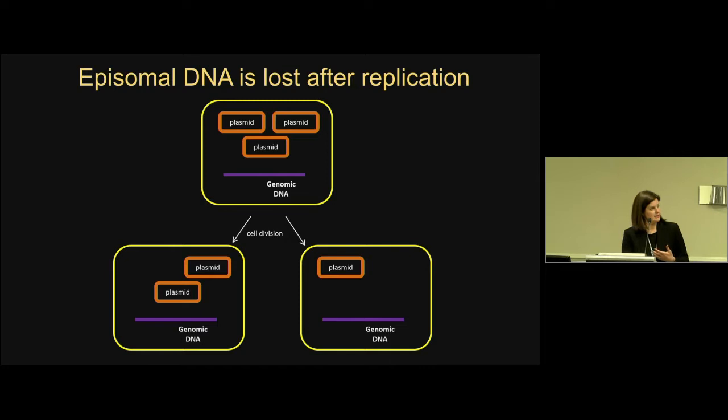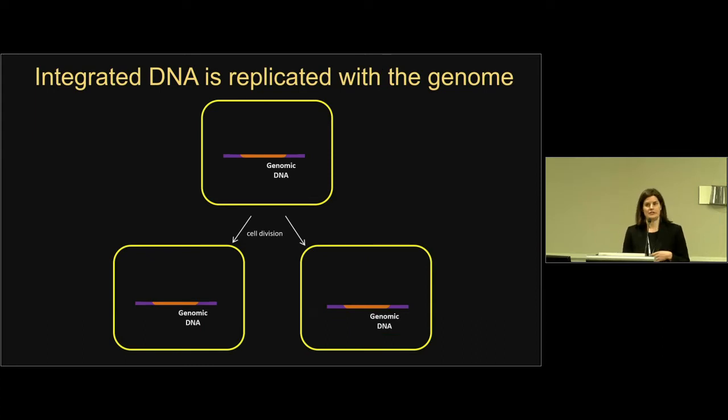And of course, when this cell divides again, one of those cells won't have a plasmid. That's a very simple idea. You also have things like silencing that are going to contribute to these plasmids losing their expression. In contrast, integrated DNA is replicated with the genome. So if you change the genome of the mother cell, all of the daughter cells will have that change.